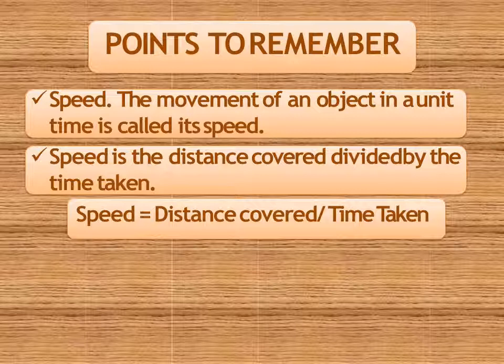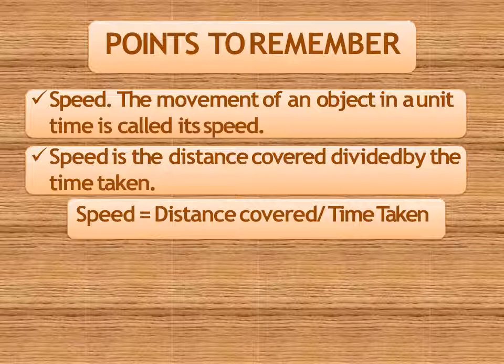For example, if a car is running, the car is an object. If it is in motion for a certain time, say half an hour, that means 30 minutes, then in 30 minutes the distance covered by the car is regarded as its speed.